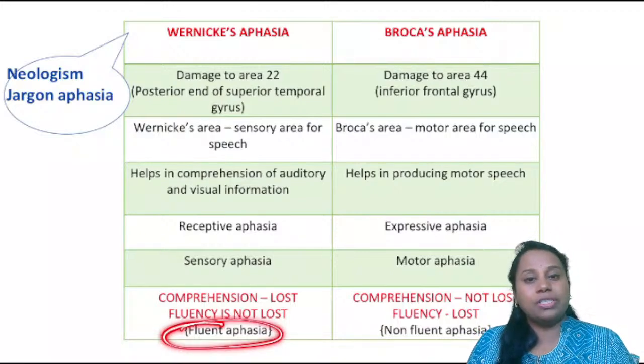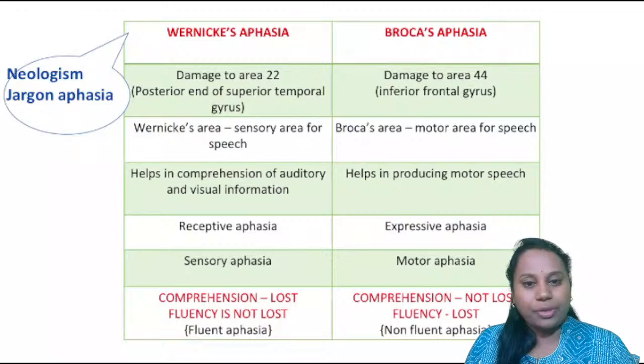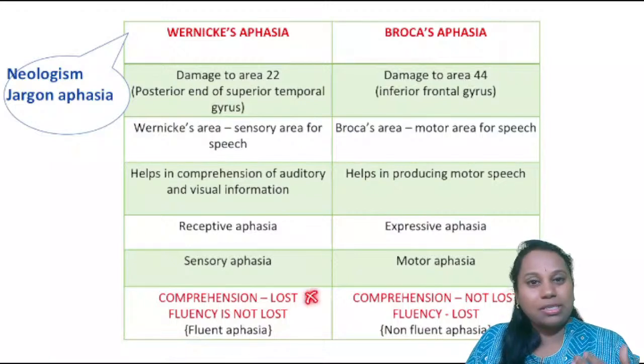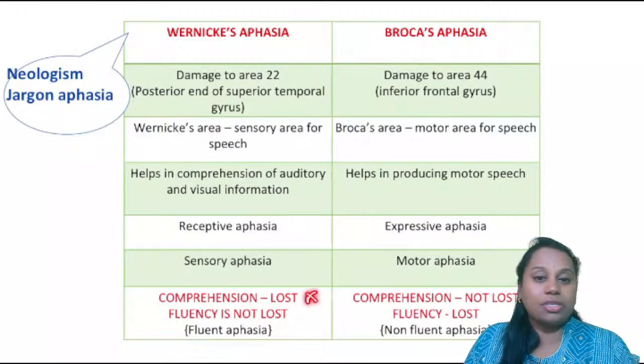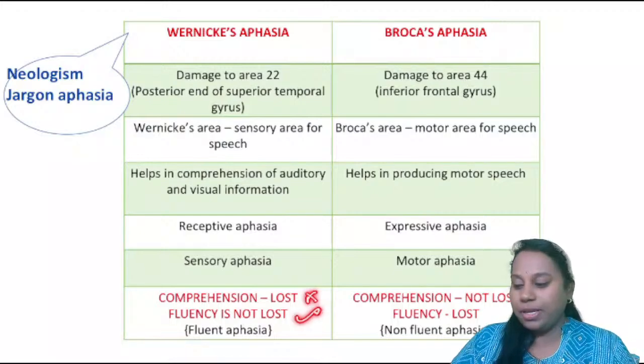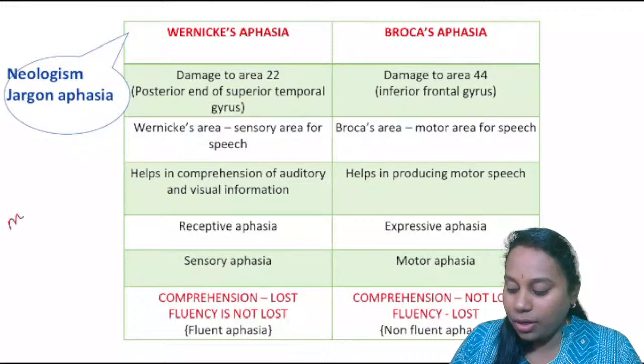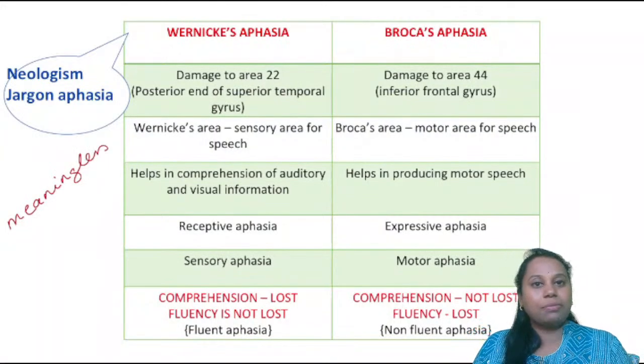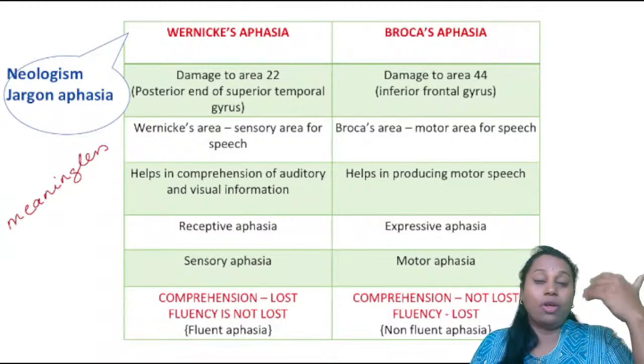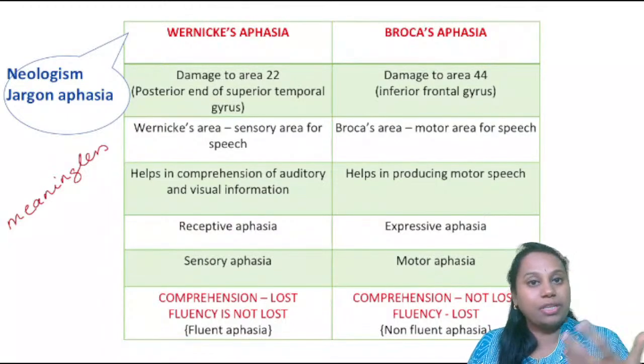So when you talk to this patient, he will not be able to understand whatever you speak because comprehension is lost. But fluency is not lost, so he will speak fluently. His speech is called meaningless. Why is it meaningless? Because Wernicke's area is affected, comprehension is affected, and he is not able to understand.